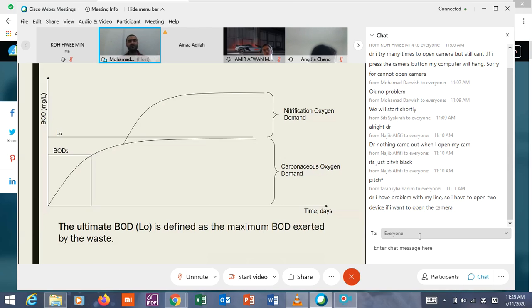But at the end, the large meal is the same. What I'm trying to say is that for the bacteria, for a certain type of wastewater, let us say wastewater coming from the house, the bacteria has an ultimate level of BOD.